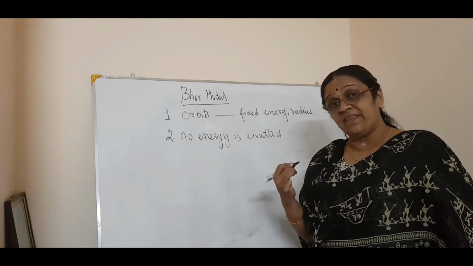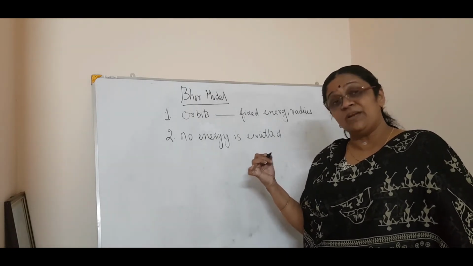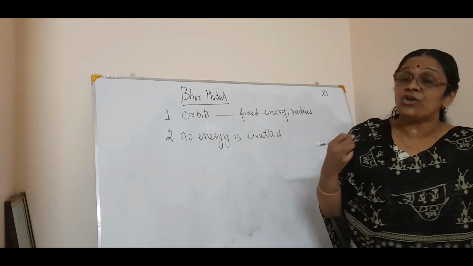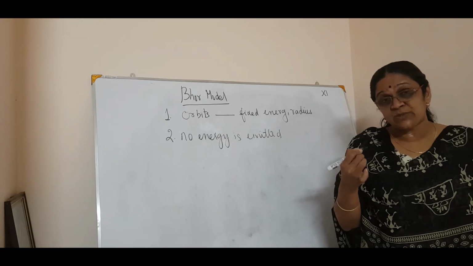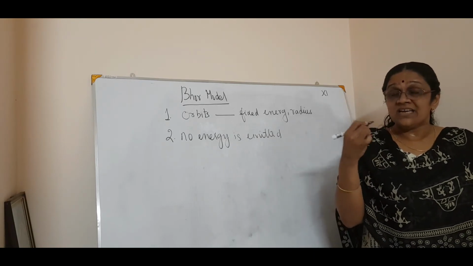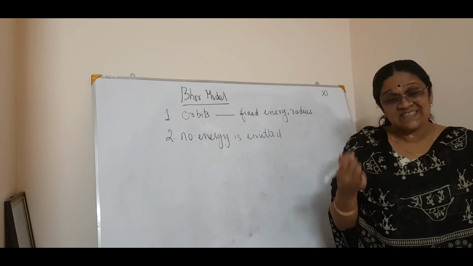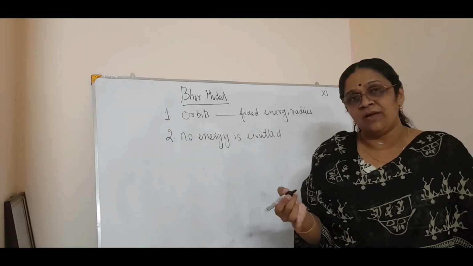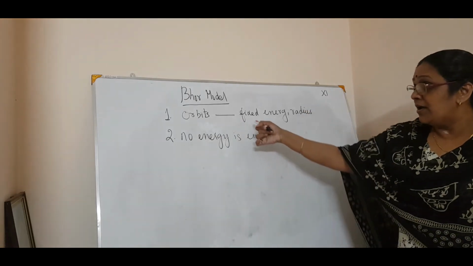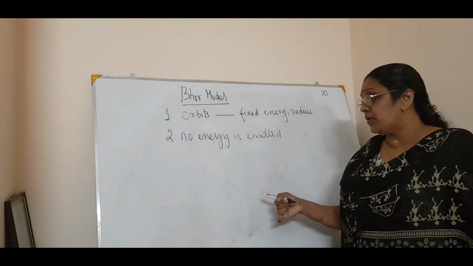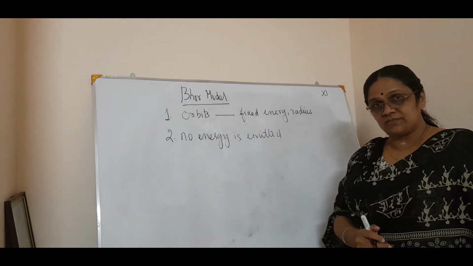He could not explain the stability of the atom. According to classical physics, according to James Maxwell, whenever a charged particle is revolving and accelerating, it will emit energy and at last fall into the nucleus, which Rutherford could not explain. So here Bohr explained that very well.